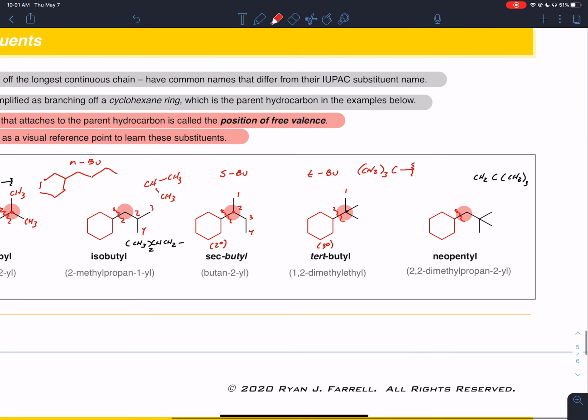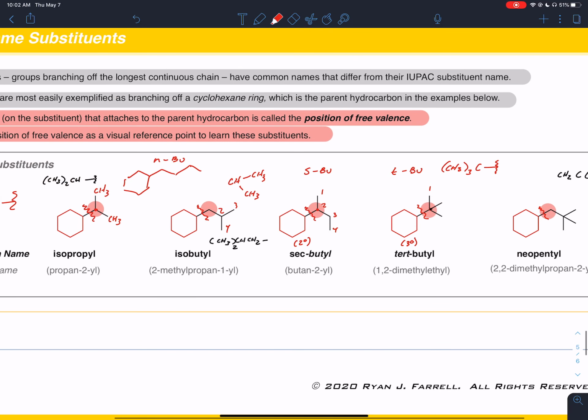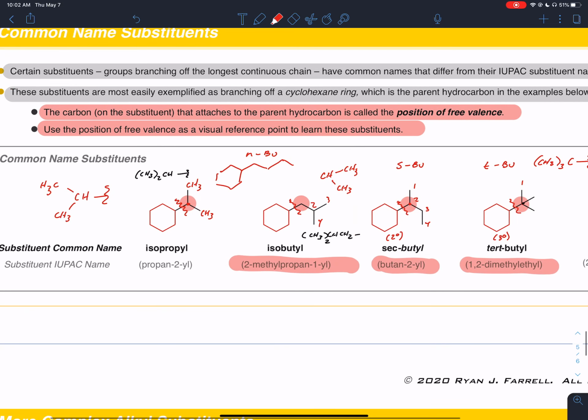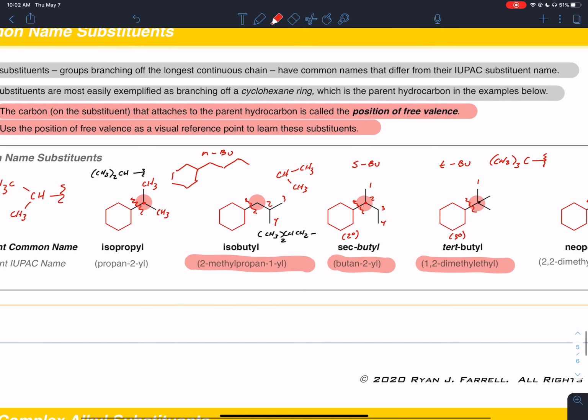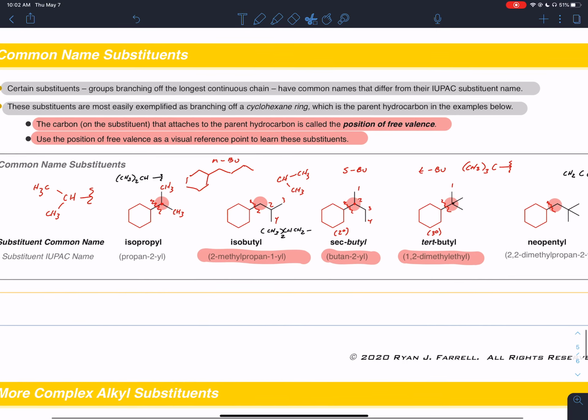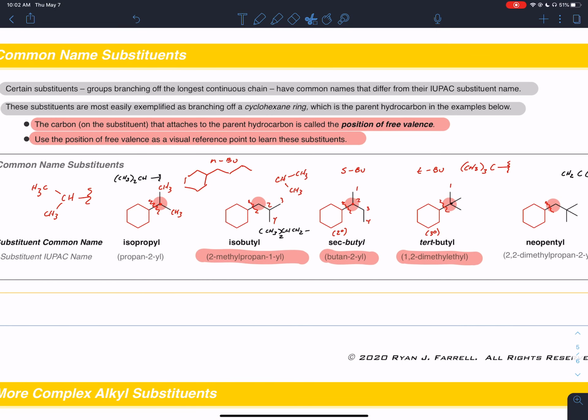Now again, you can use these common name substituents in IUPAC nomenclature. They are actually easier to use and shorter in terms of constructing the name than their systematic IUPAC substituent names. So I'm going to clean this up for you real quick, and I want you to pause the video and take a minute or two to really digest this and compare and contrast them.